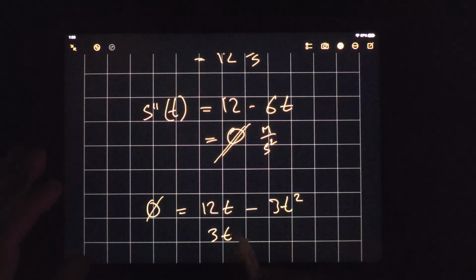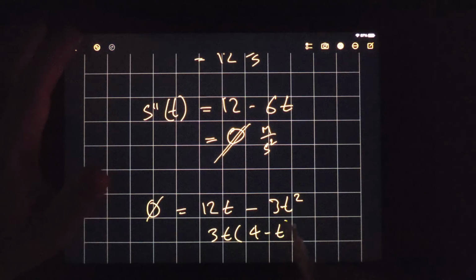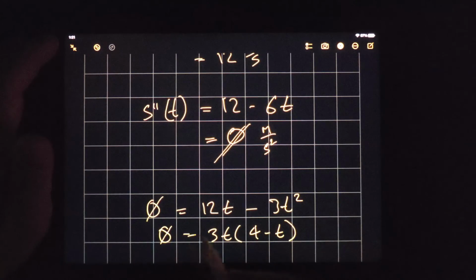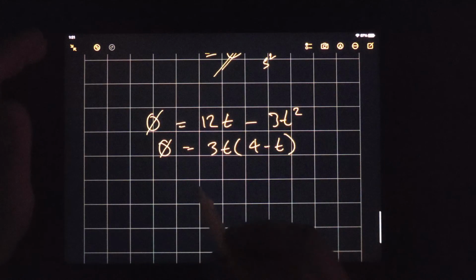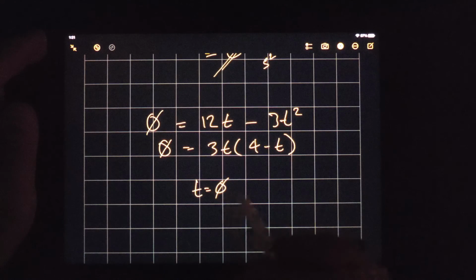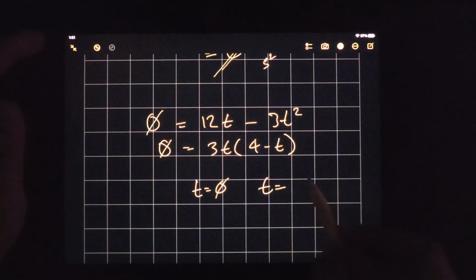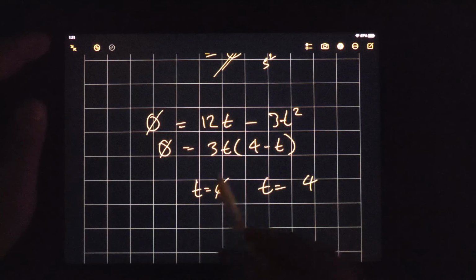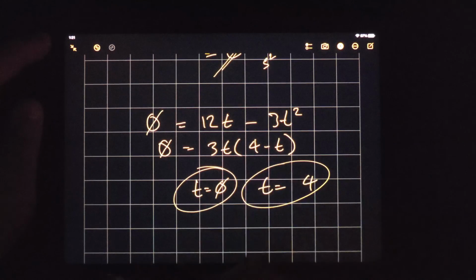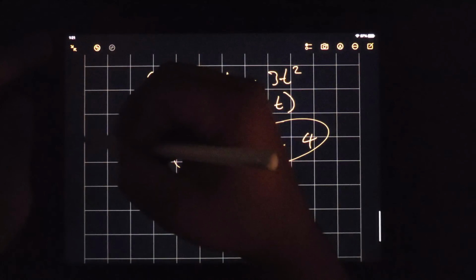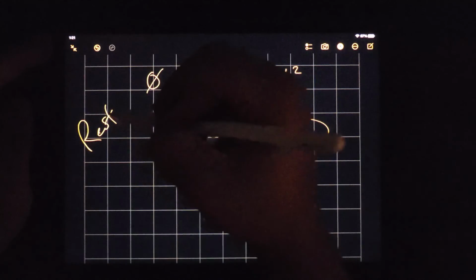So 3t times 4 minus t equals 0, so at t equals 0 and at t equals 4. So at these 2 points, the object is at rest.